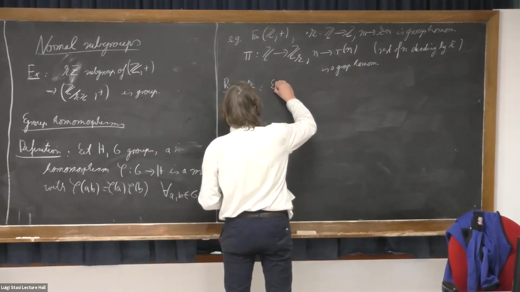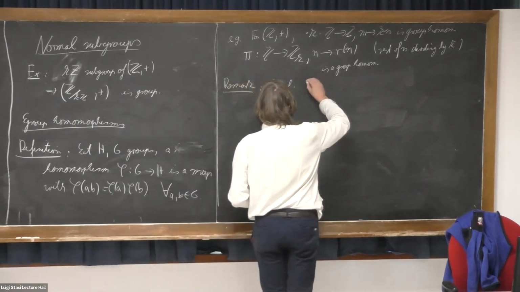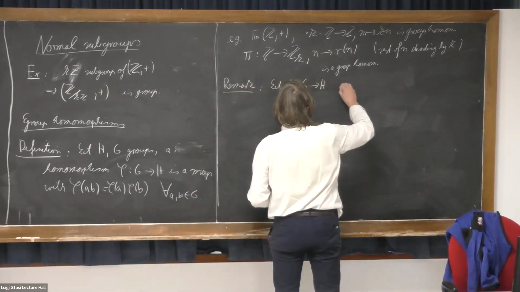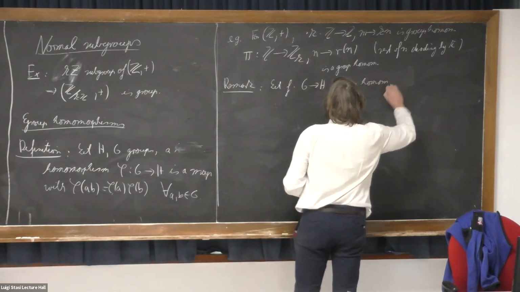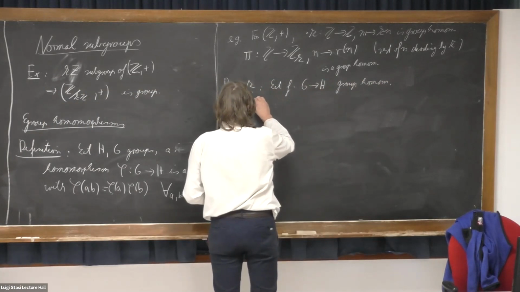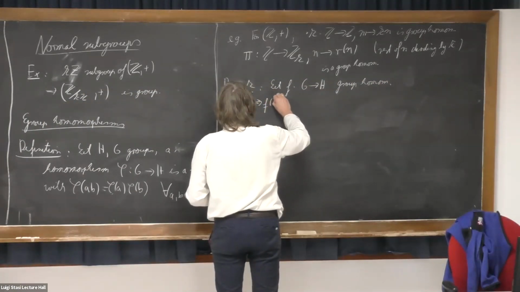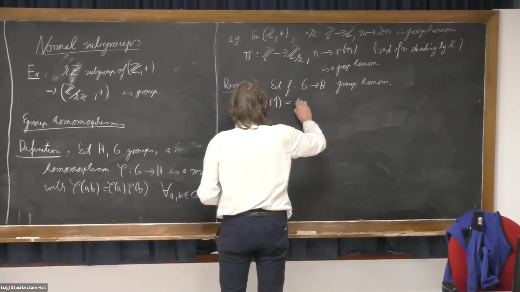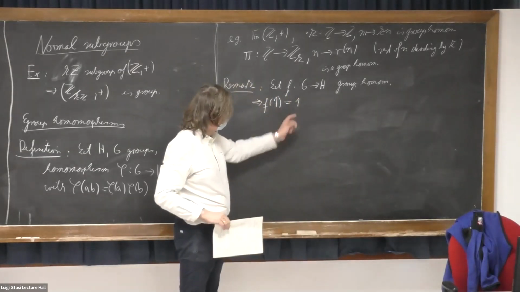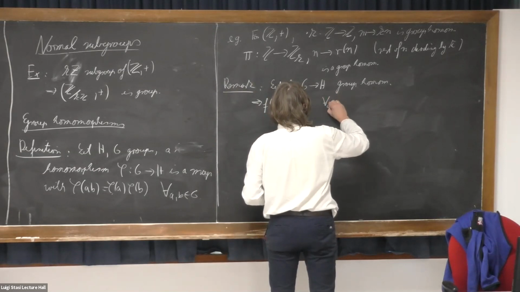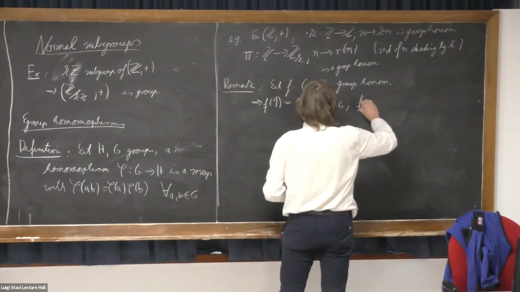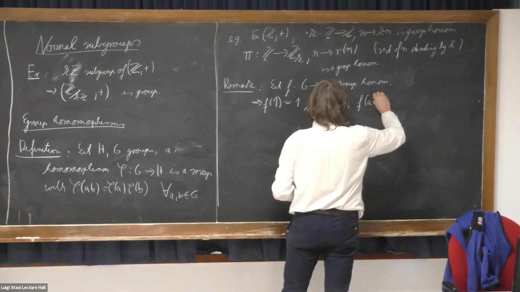So let F from G to H be a group homomorphism. And then it follows that F of 1 is equal to 1, because this is the one in G, this is the one in H, and for all A in G, we have F of A to the minus 1.